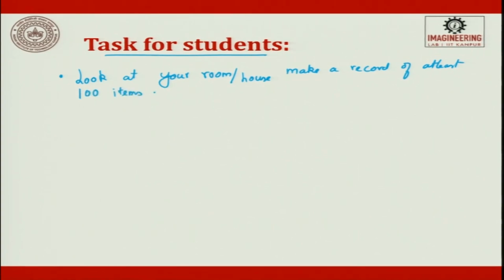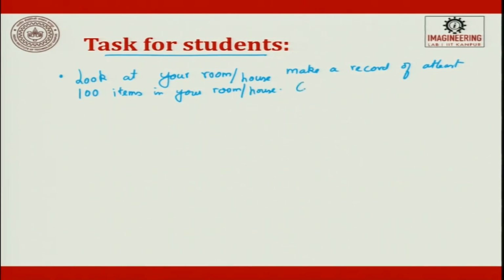So, the task for students. Look at your room or your house. Make a record of at least 100 items in your room or house.